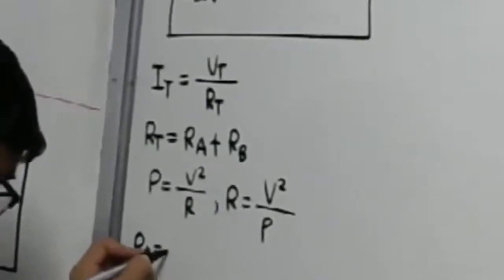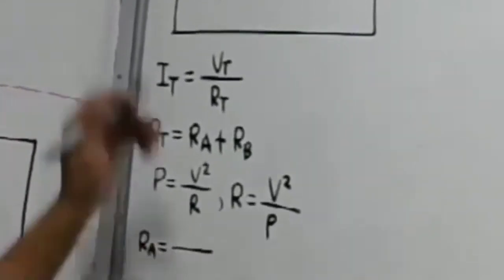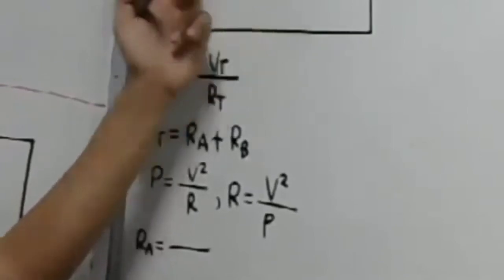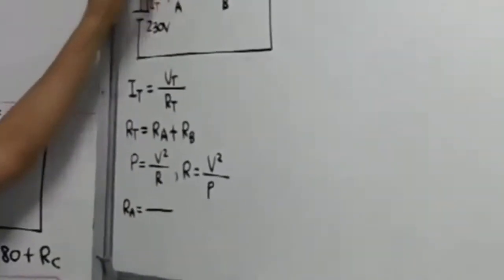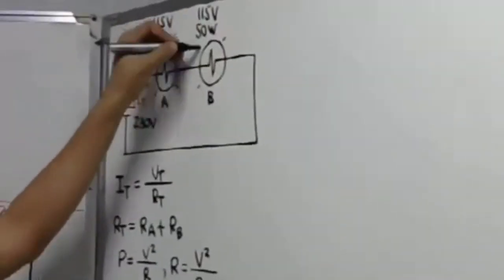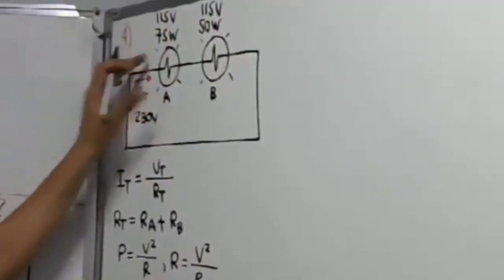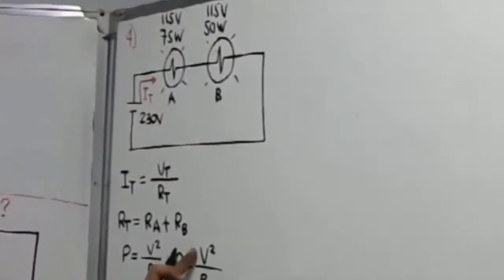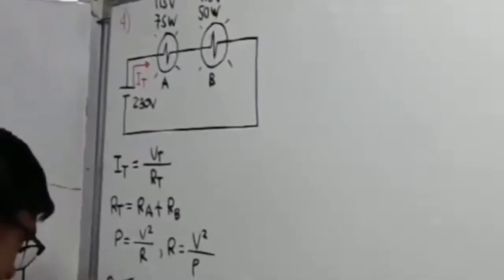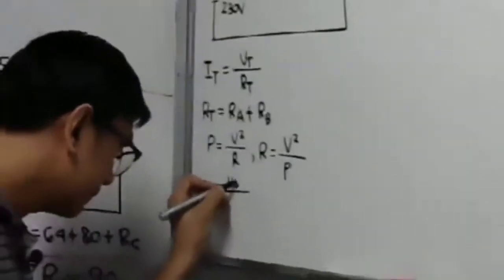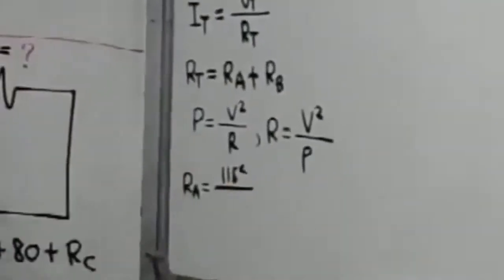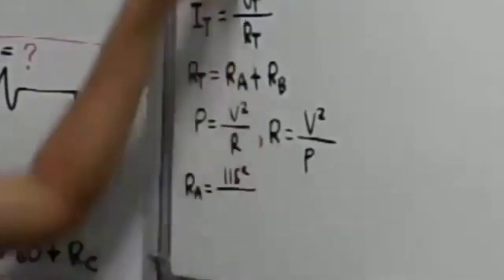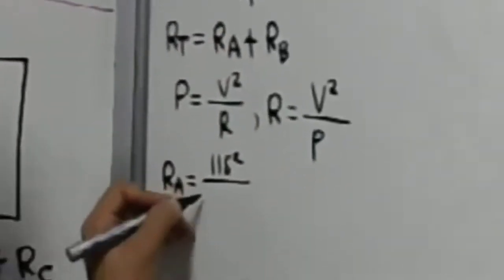So for A, RA, what is our voltage at A? The rating of this lamp, remember this is an incandescent lamp, is 115 volts. So 115 volts squared, and then the P is 75 watts.